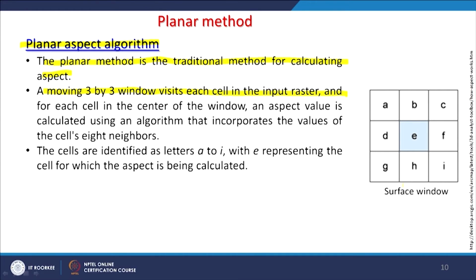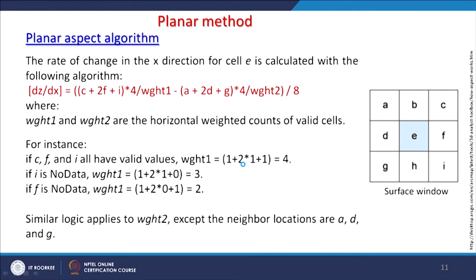Like here again you have cells in our moving window, A to I. The cells are identified as letters A to I, with E representing the cell for which the aspect is being calculated. Here the weight concept may not be possible, because for all 8 directions we have to calculate the value.